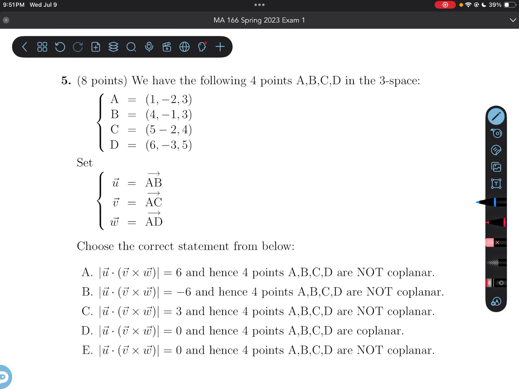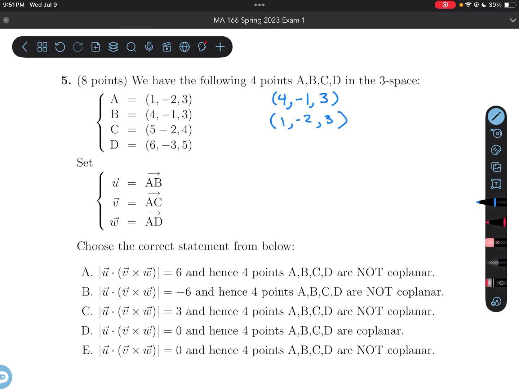So, first thing we need to do is find the value of U, V, and W. The way we can find them is we take the end point of the vector and subtract the coordinates of the starting point from the end point. So for example, for AB, I would take 4, negative 1, 3, and subtract the coordinates of A from those coordinates.